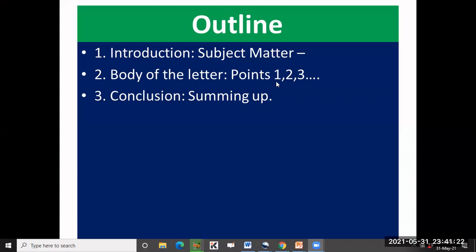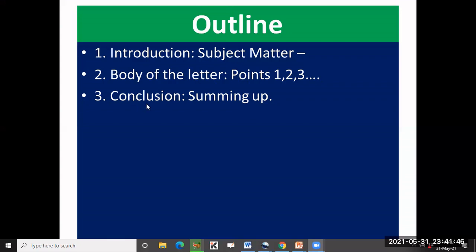Now, when we begin to solve the past WAEC question, you will see that WAEC has a tradition of asking candidates to state at least 3 points. So the body of your letter or essay should contain at least 3 main points, and that will require 3 paragraphs.